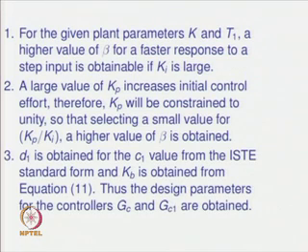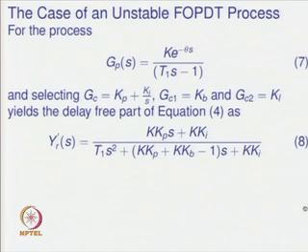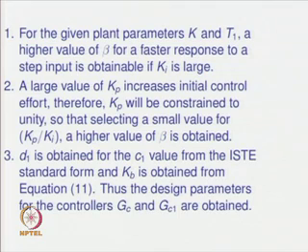For the given plant parameters K and T1, we have the plant dynamics given by equation 7. Please keep in mind the plant parameters are K, theta and T1. So, for given K, theta and T1, particularly for the given plant parameters K and T1, a higher value of beta results in a faster response to a step input if Ki is large.